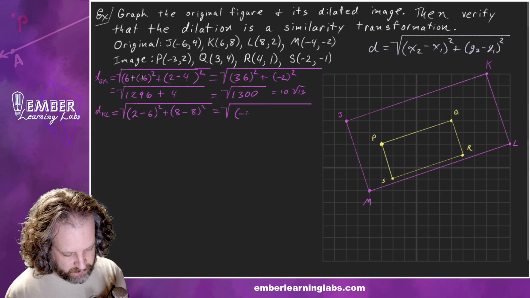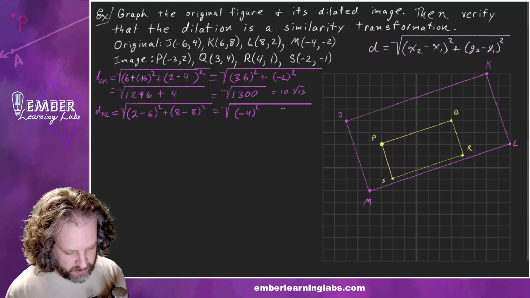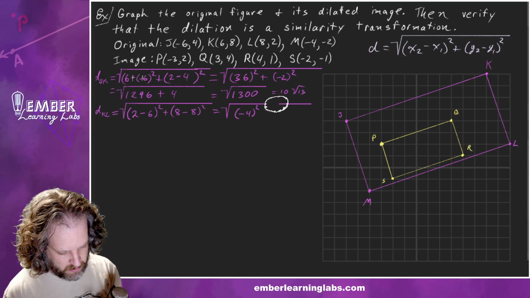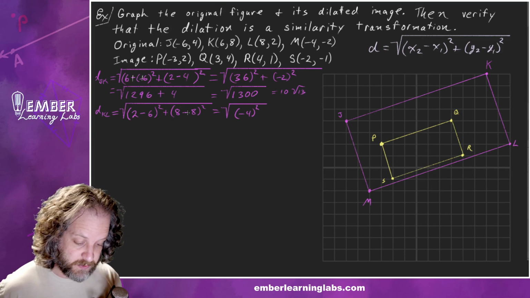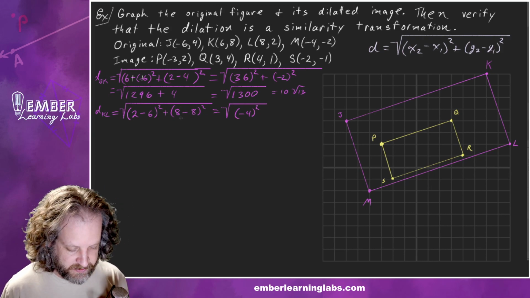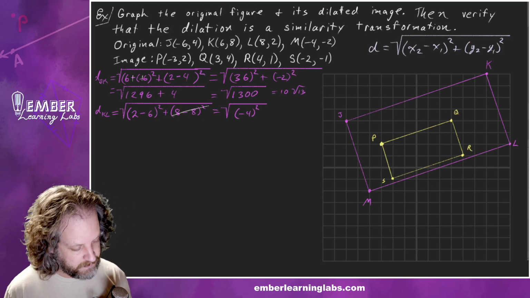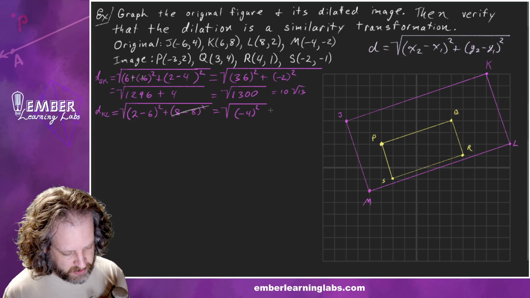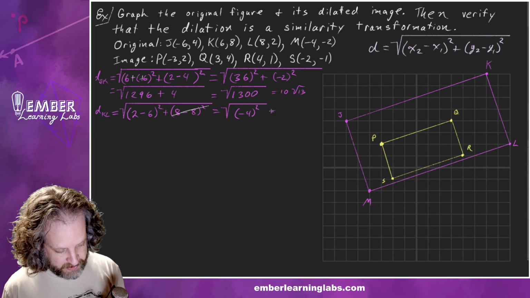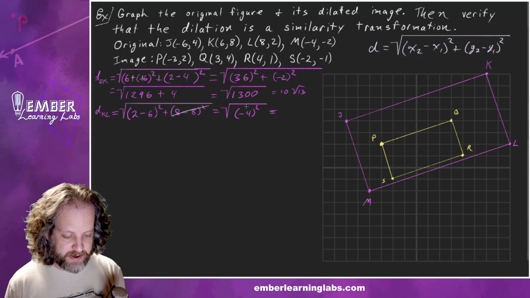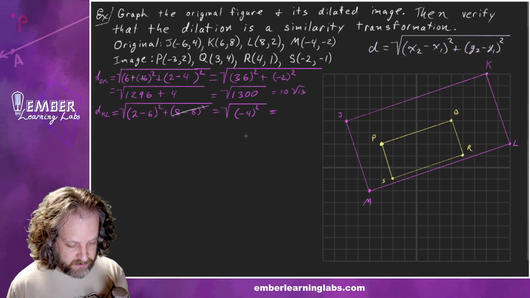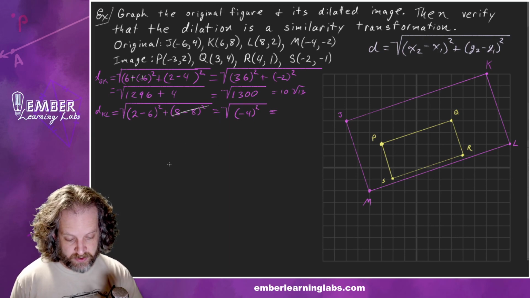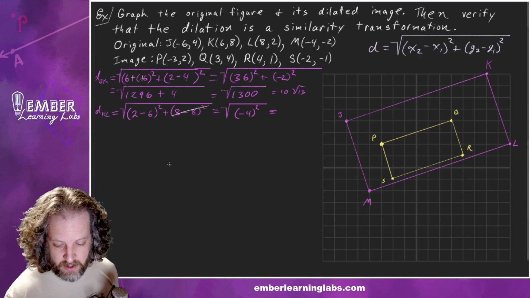So the square root of negative 4 squared. All right, easy peasy. That's because this one cancels, right? That all cancels out because 8 minus 8 is 0. Now this one is even cooler because we've got a square and square root, so the square and square root will actually cancel out.